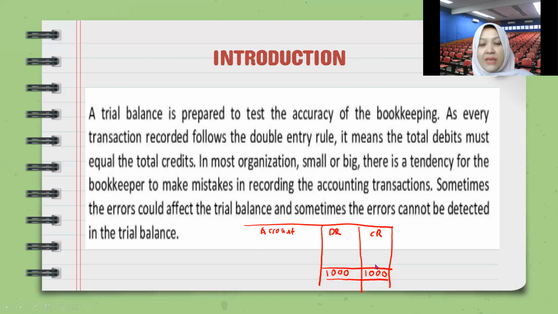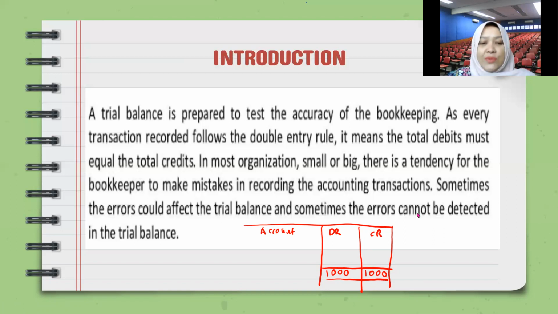These errors are affecting your trial balance. What does it mean by errors not affecting trial balance? There are some errors in your accounts or in your amounts, but your trial balance would be the same, still 1,000 on both your debit side and your credit side. That would be the same, masih sama, even though you have some errors in your accounts or in your amounts. So this is the topic that we will cover today, the 7 errors.